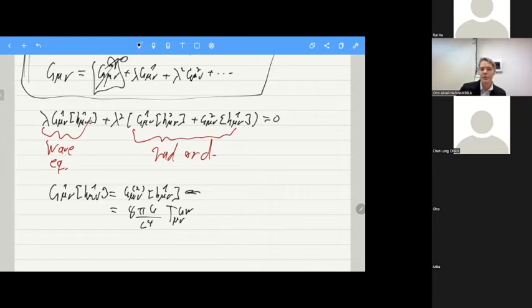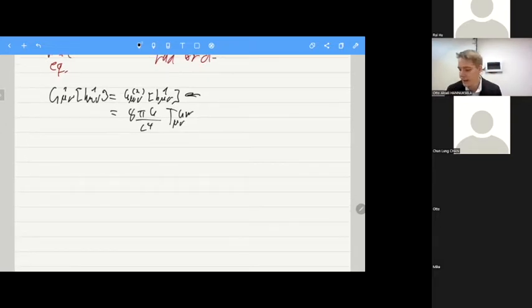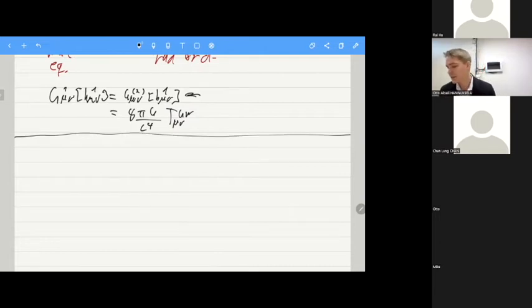Now, it turns out that when we solve this system, it's actually quite difficult to define how much energy is in a gravitational waveform, and the reason for that is actually quite simple.